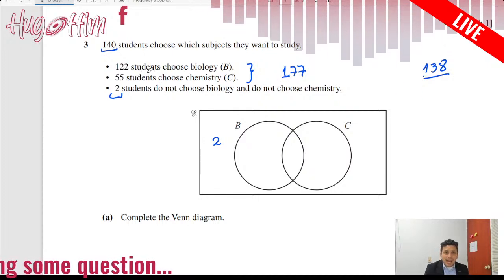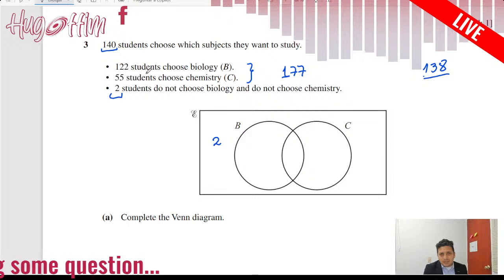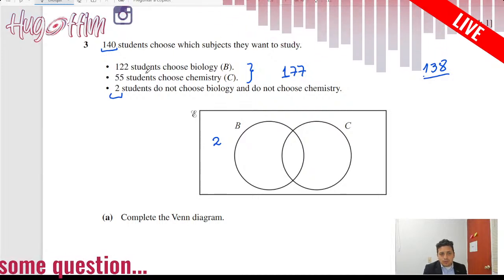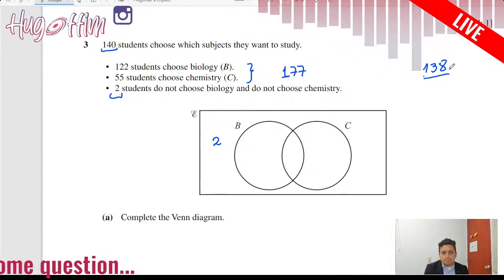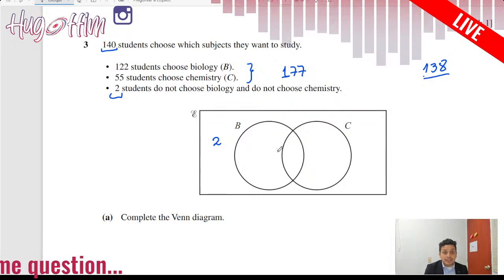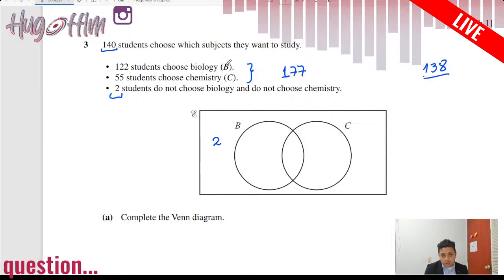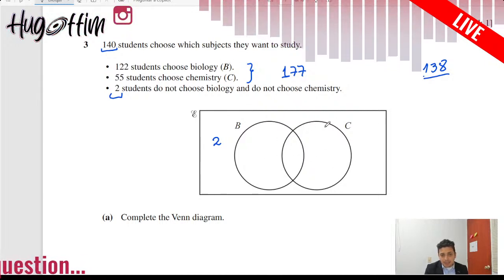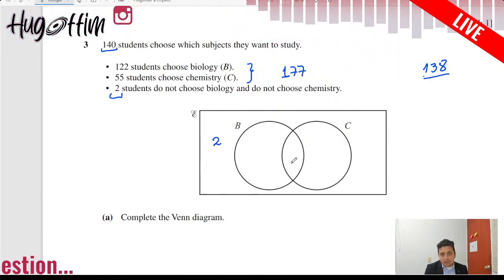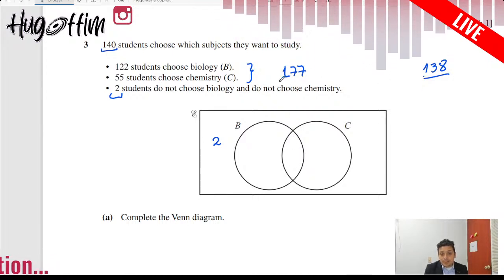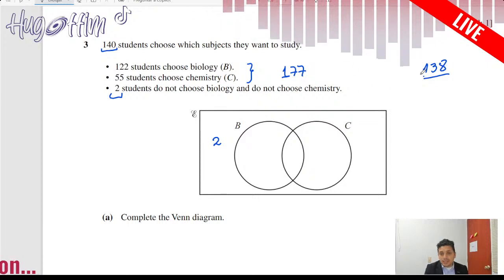So it means that I'm adding twice the people who are in the intersection here. I'm adding biology students plus chemistry students, and I'm adding the intersection, it's giving me 177, but I need 138.